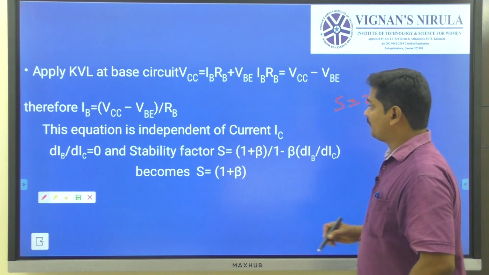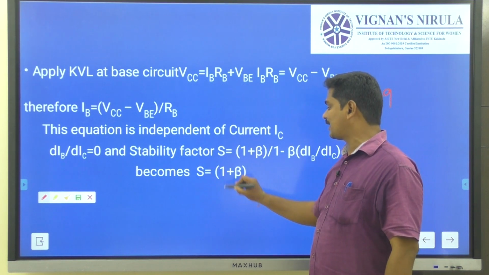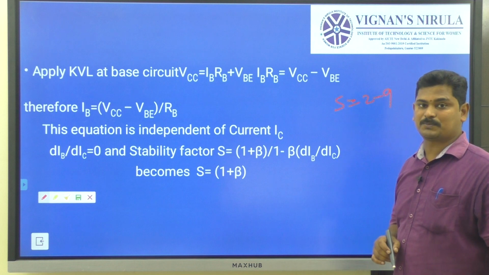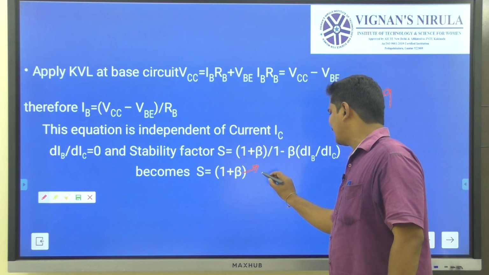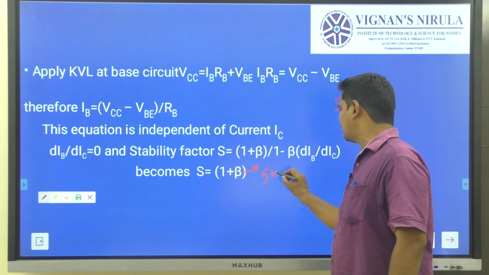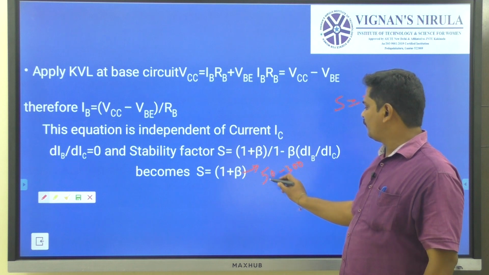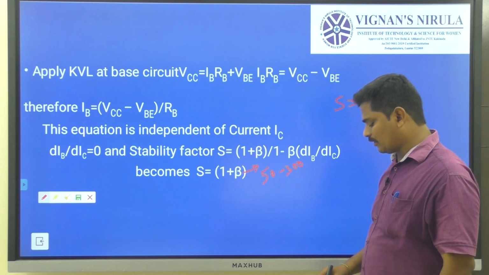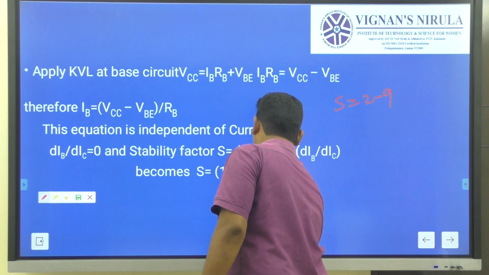But here for the fixed bias we got the stability factor S equal to 1 plus beta, and the beta value for the common emitter lies in the range of 50 to almost 300. So if you consider the beta value equal to 50, then we will get S equal to 51.